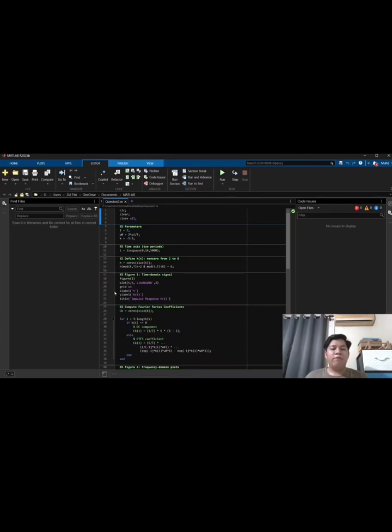Now we move to the analysis section, where we break the signal down into its frequency ingredients. On line 26 until 28, we initialize an array for our Fourier coefficients and start a loop to calculate each one individually.